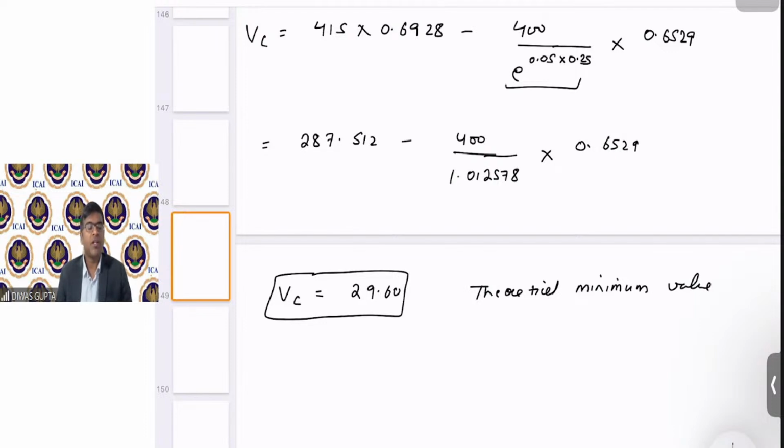So whether you should purchase it or sell it. Come on, students, tell me. It is available cheaper in the market. Our calculation says that it should have a minimum value of 29.60.